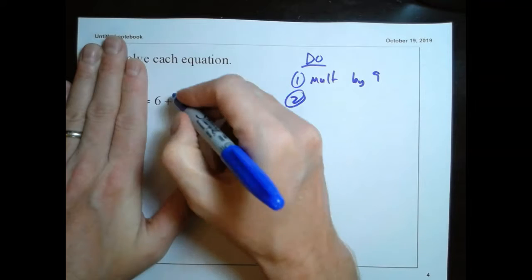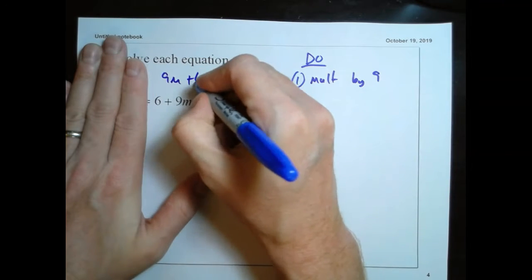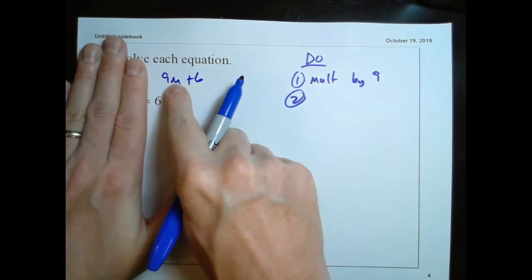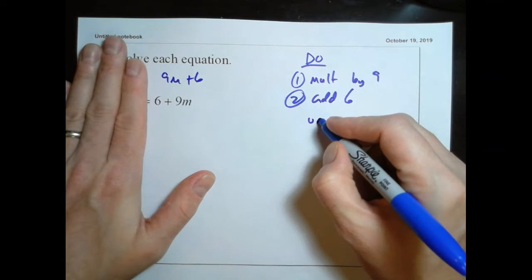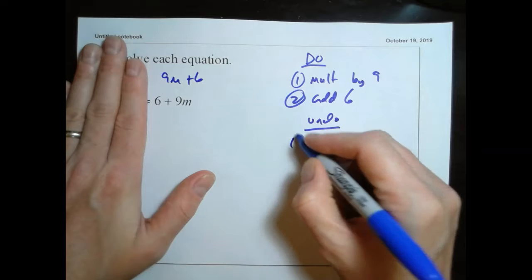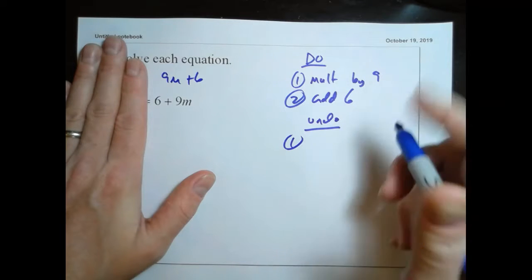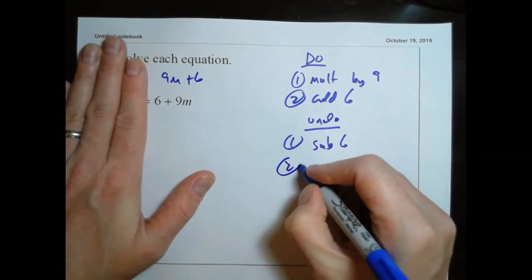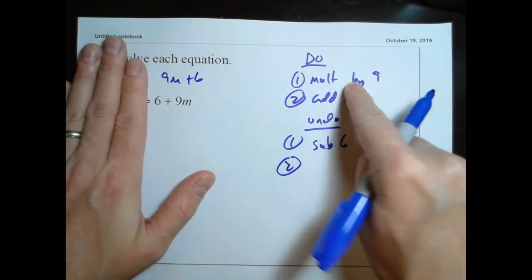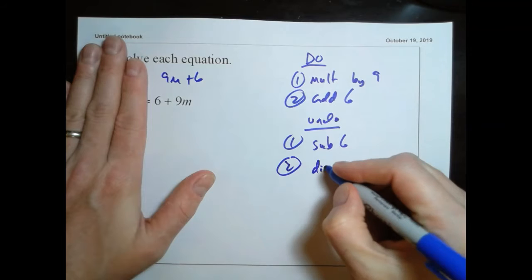We don't write it this way, but it would also be written 9m plus 6, since they're both positive. So to undo then, first thing is I have to undo the last step. So instead of adding 6, I would subtract 6. And then, instead of multiplying by 9, I would divide by 9.